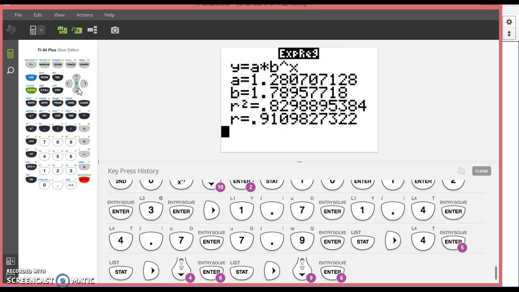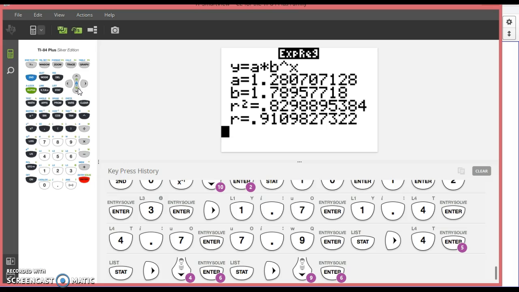Calculate. Okay. The R squared value for exponential is 0.8299.